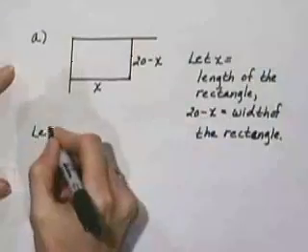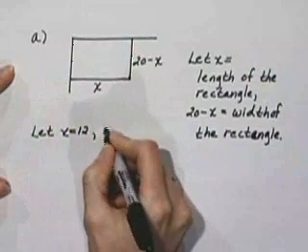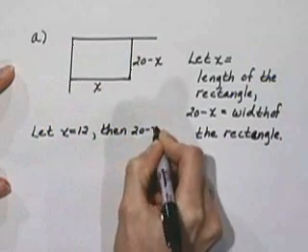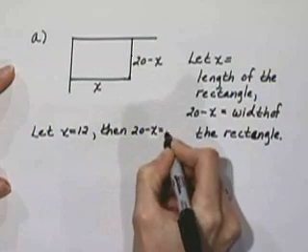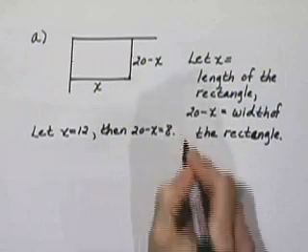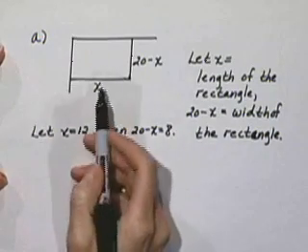So let's play around with this a little bit. Suppose we let x equal 12. Then 20 minus x equals 8. So if x equals 12, 20 minus 12 equals 8. The area then would be the length times the width.